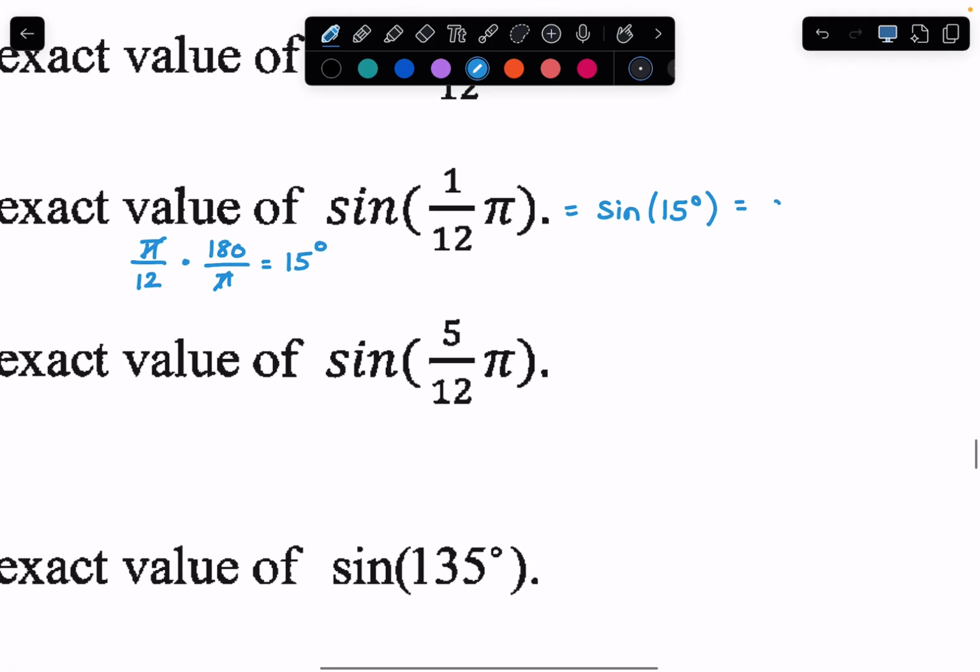Doing the sine of 60 minus 45. Or 45 and 30. That's what I have written down, so we'll use that. But if you use 60 minus 45, same answer.